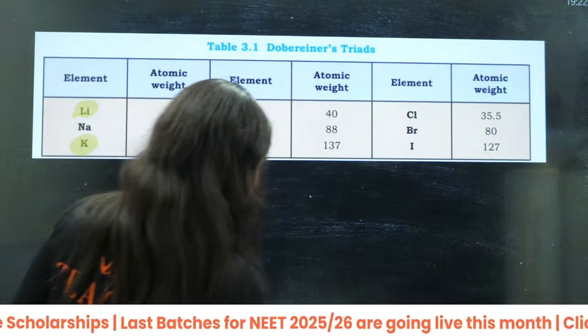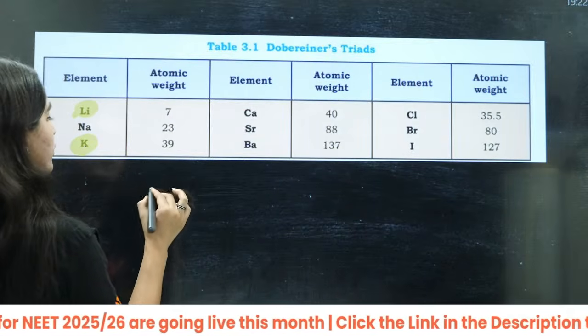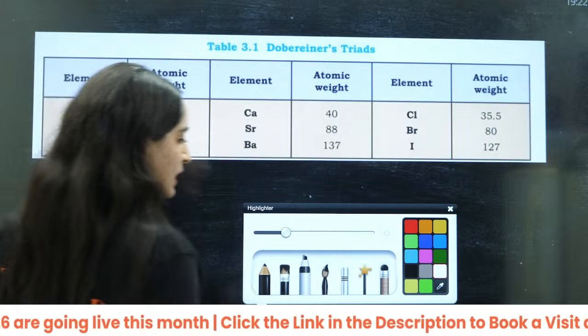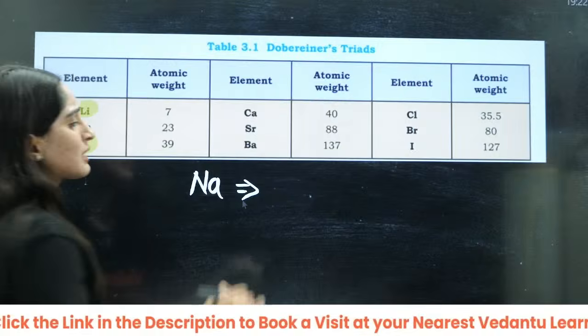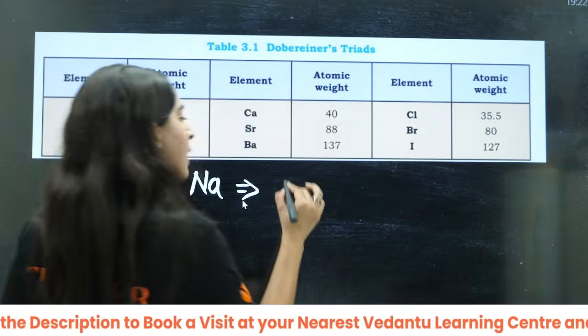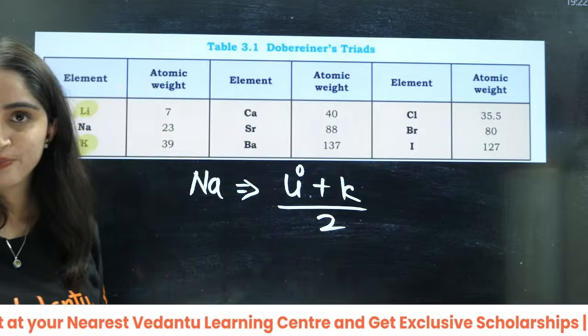That means if I want to calculate the mass of sodium, that will be equal to the mass of lithium plus the mass of potassium divided by 2.